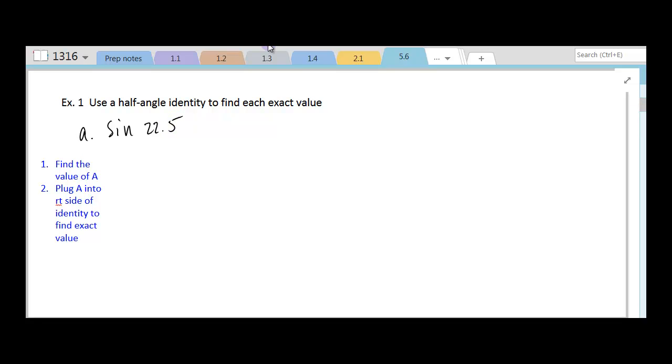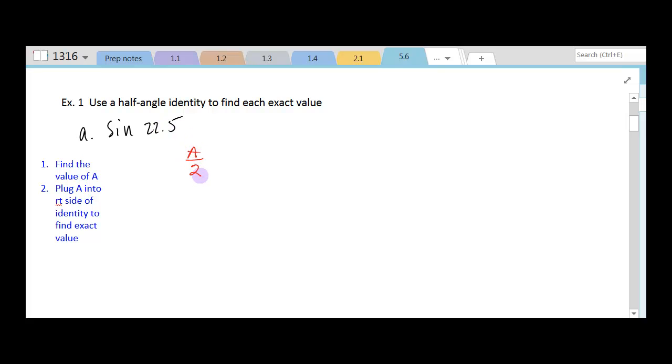If I have an angle, which we're going to call our half angle, equal to 22.5, so in other words, if my angle divided by 2 gives me 22.5, then if I multiply the angle by 2, I would end up with 45. I do recognize 45 as a common angle that I can take sine, cosine, and tangent of, and that's the angle we use in the identity.